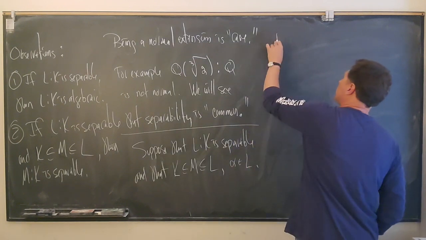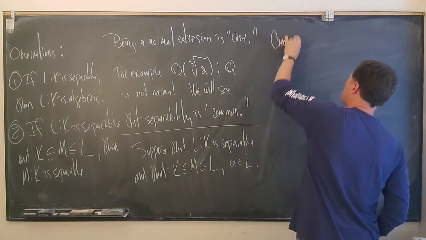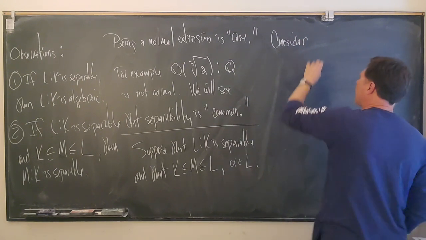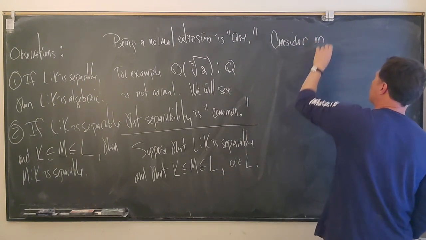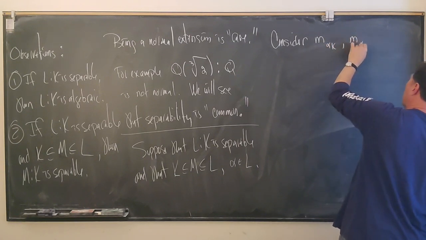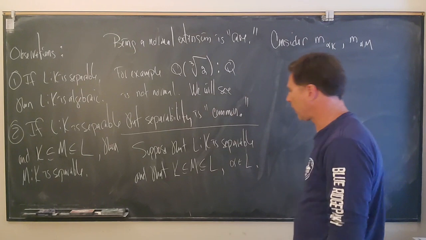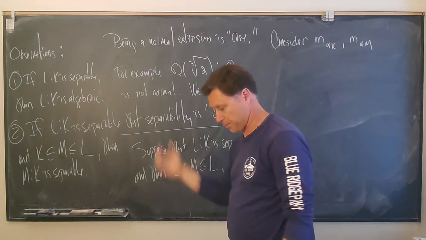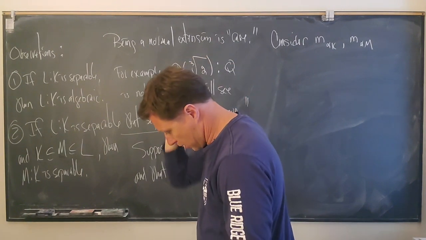So let's consider, and I'm going to have to use double subscripting now, M sub alpha K and M sub alpha M, right? So these are the minimal polynomials for alpha with respect to both K and M.